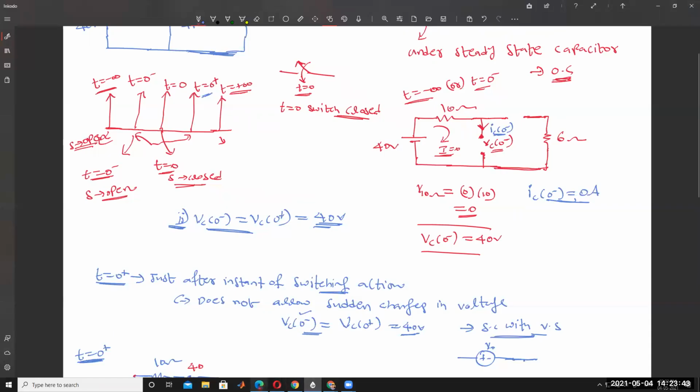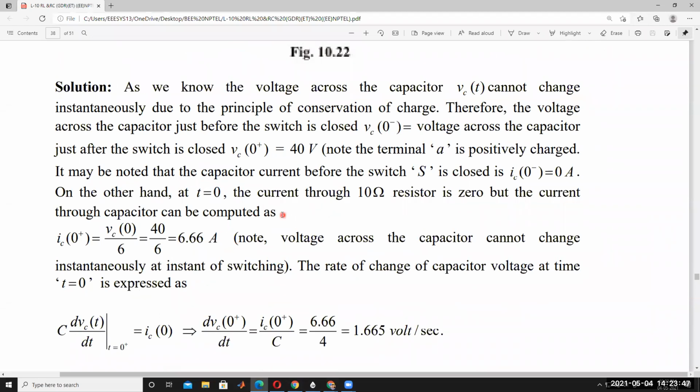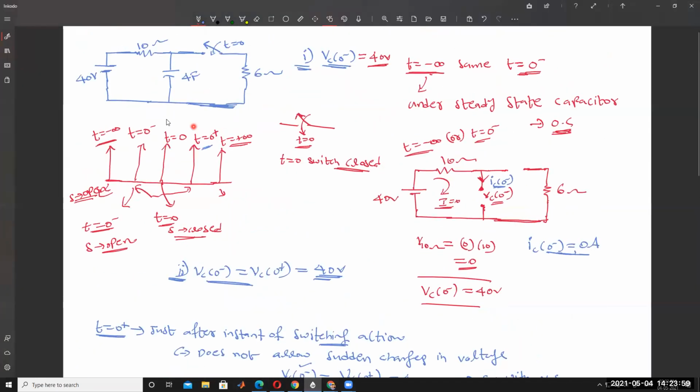Understood? So here IC of 0 minus under steady state condition, t equal to minus infinity and t equal to 0 minus, both conditions the circuit is same. At t equal to minus infinity and at t equal to 0 minus, the circuit is open circuit, and the capacitor is fully charged.